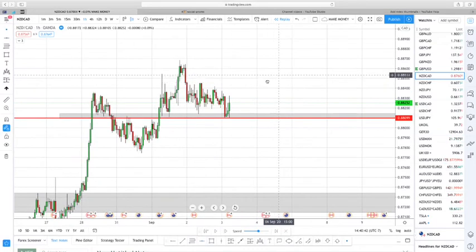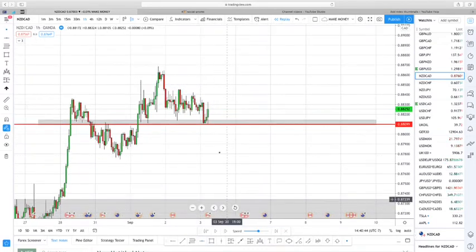So as price is coming up right now, you can place this trade. You can enter a sell stop. You're anticipating price is going to come down through your entry point. As soon as it comes down, you will be entered into the trade.